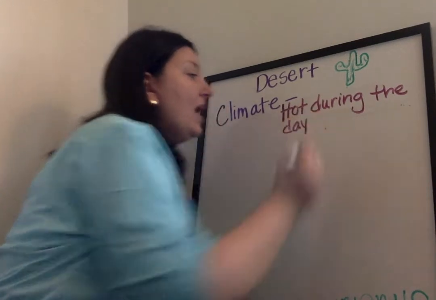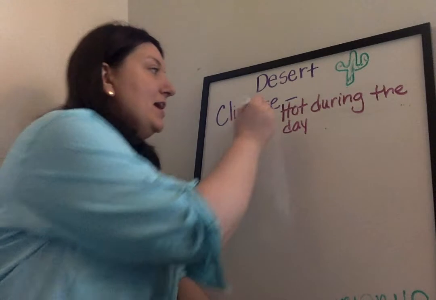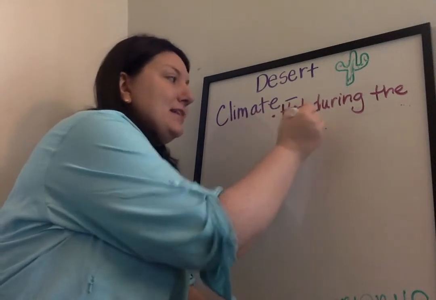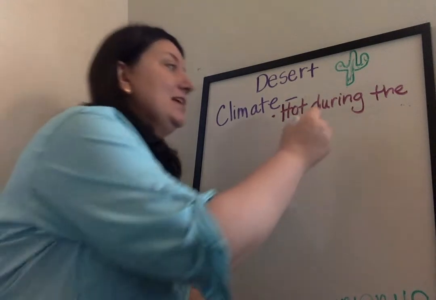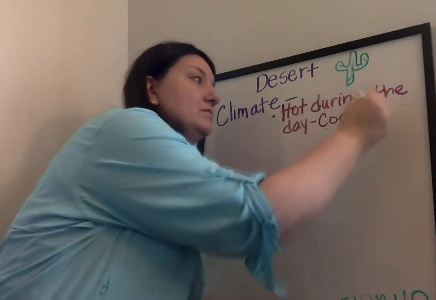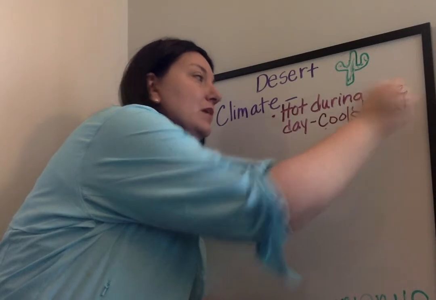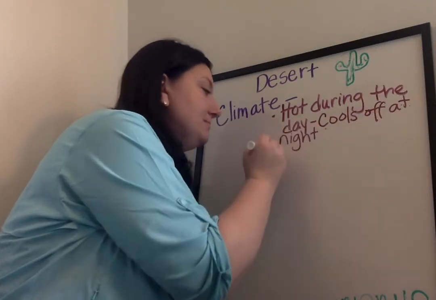It can get really hot, over 100 degrees during the day in the desert. So hot during the day, but then something happens at nighttime. At nighttime, when the sun sets, it cools off. So hot during the day, much cooler at night.